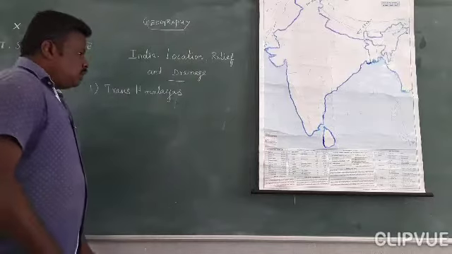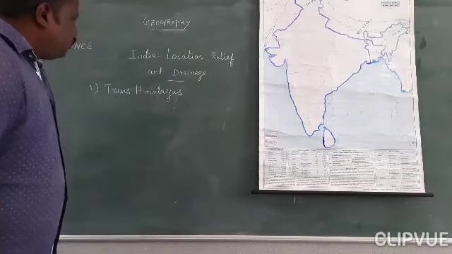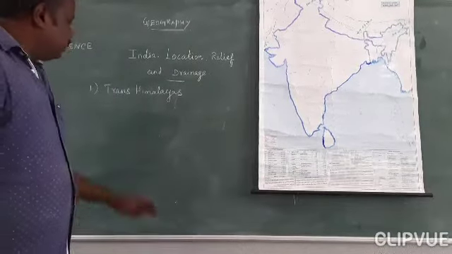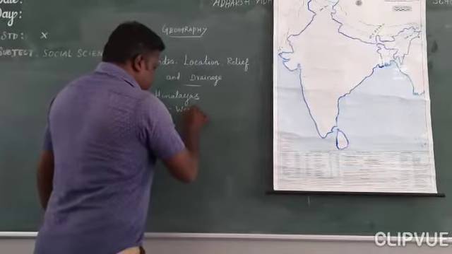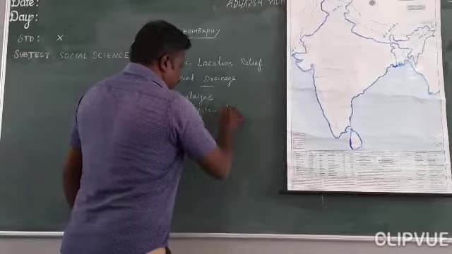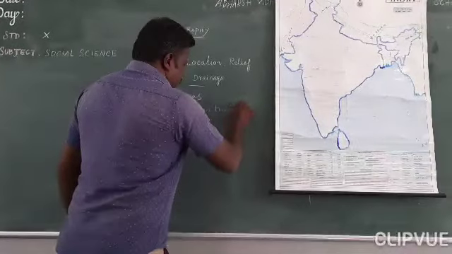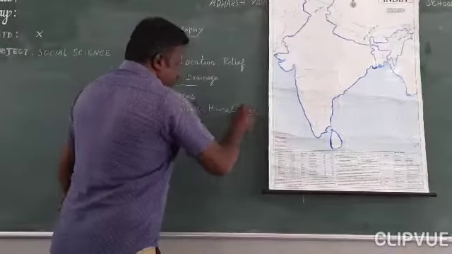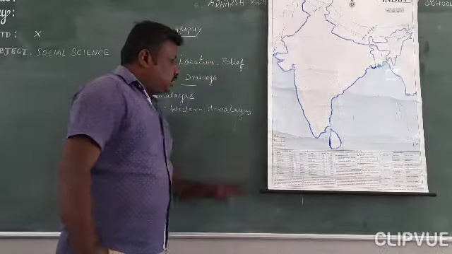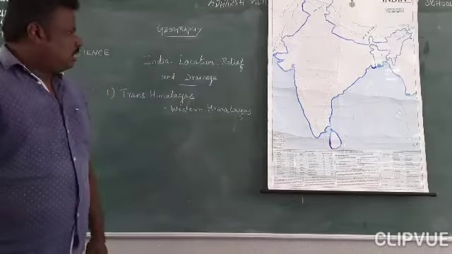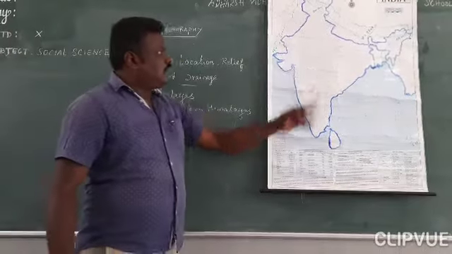See, the Trans-Himalayas, the first division of the Himalayan ranges. Trans-Himalayas are also known as the Western Himalayas, which means the west part of India is covered, so it is called the Western Himalayas or the Trans-Himalayas. Where to where does it extend now?